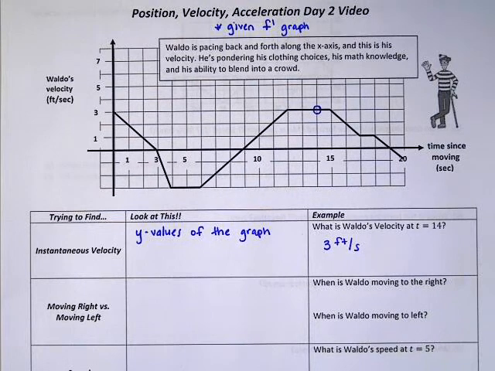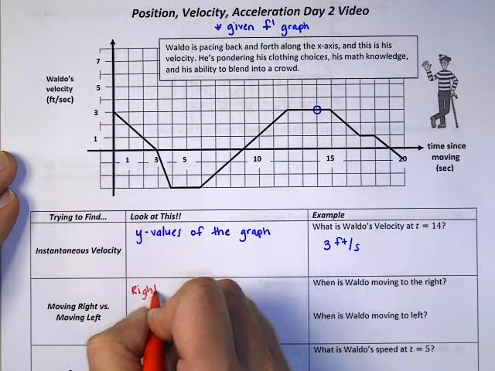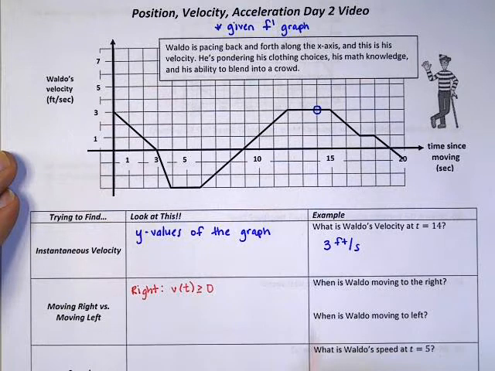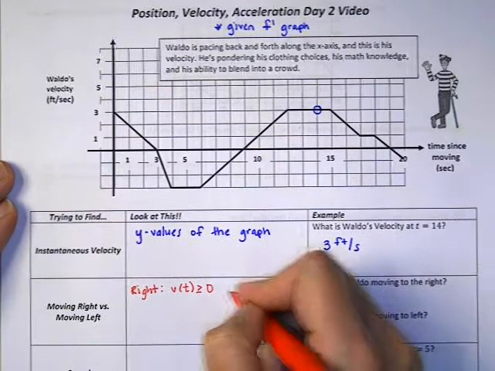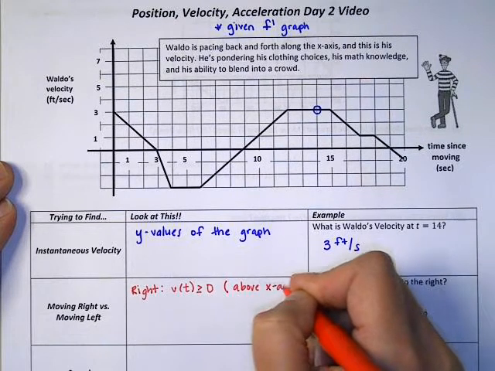If we are asked to determine whether, in this case, Waldo is moving to the right or moving to the left, we have to look at two different things on the graph. Moving to the right is the same thing as saying that your velocity is greater than or equal to 0. In other words, this is where the graph is above the x-axis.